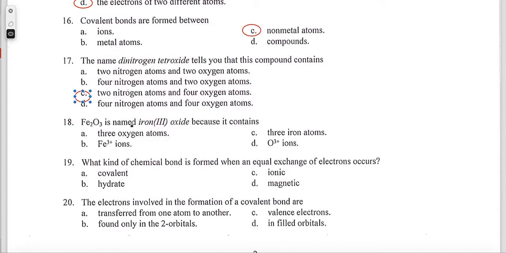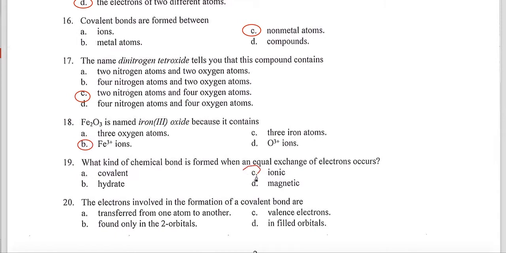Okay. Number 18, that Fe2O3 is named iron(III) oxide, and that's because it contains the iron with a 3+ charge. That's why we get iron 3. Number 19, what kind of bond is formed when we have things exchanging?